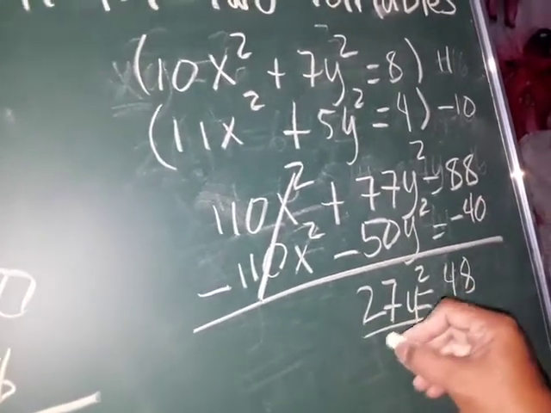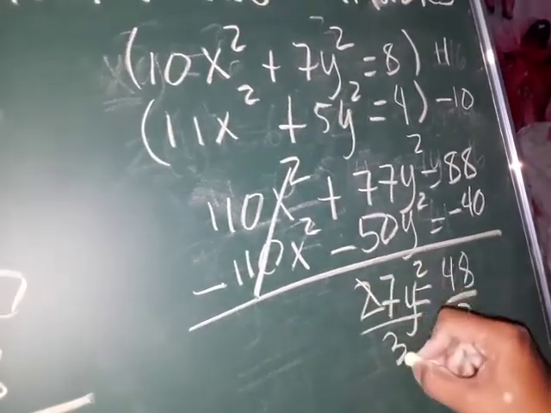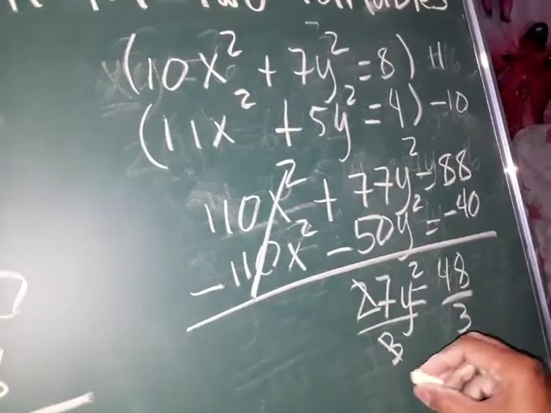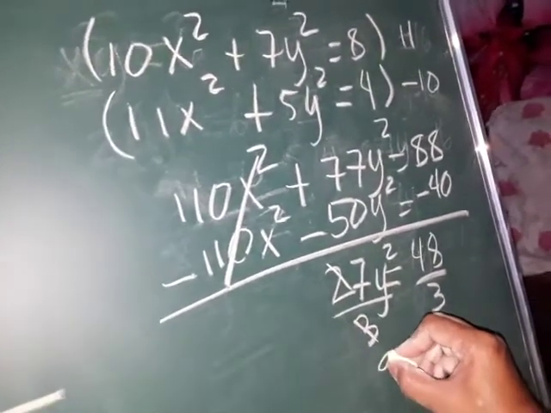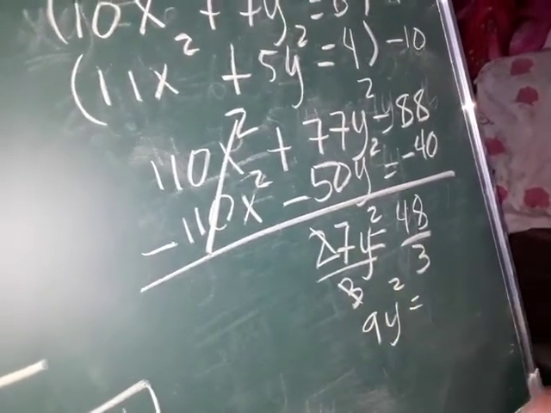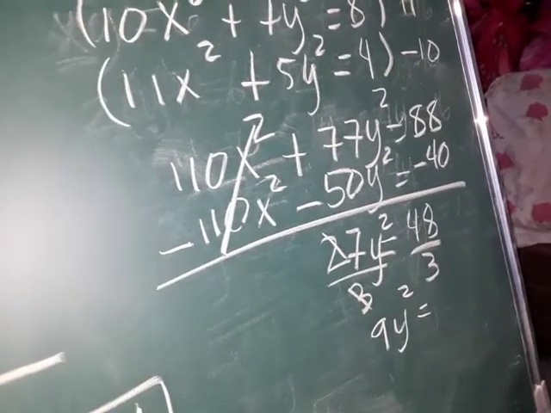Next, divided by 3, divided by 3, cancel. 27 divided by 3 is equal to 9. y squared is equal to 48 divided by 3 is equal to 16.